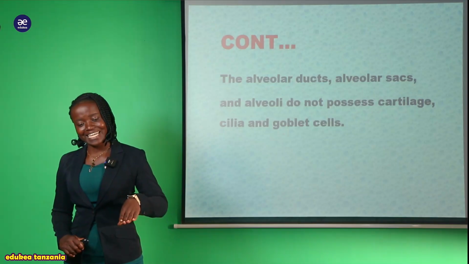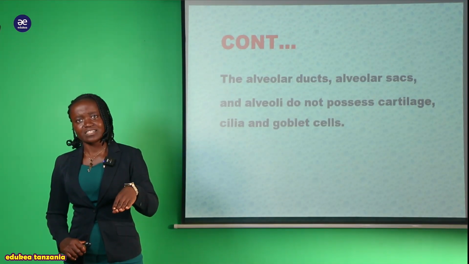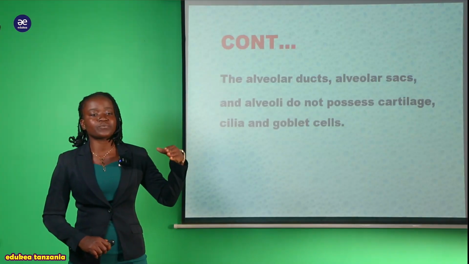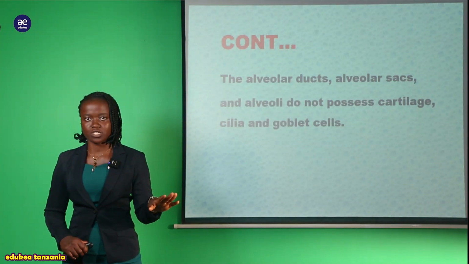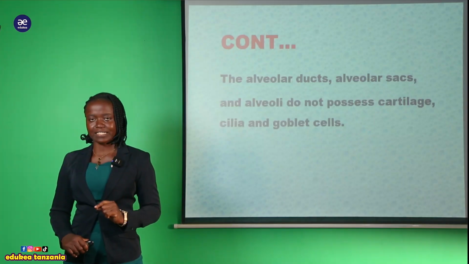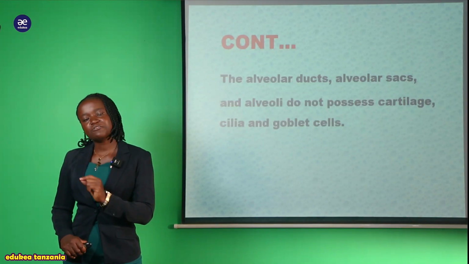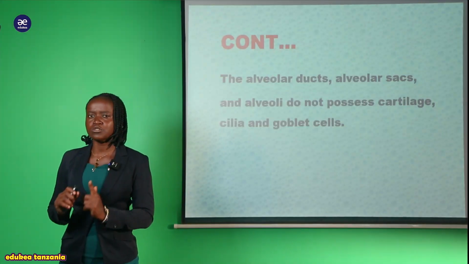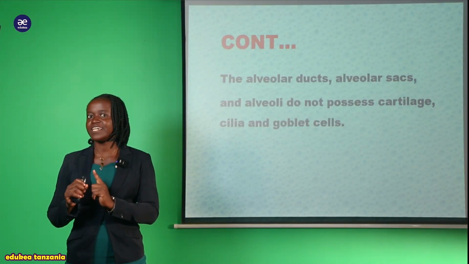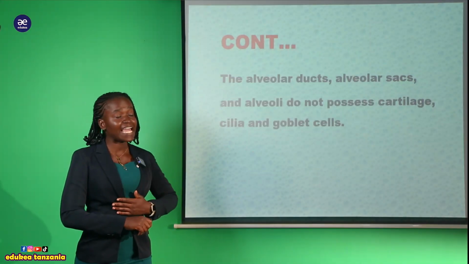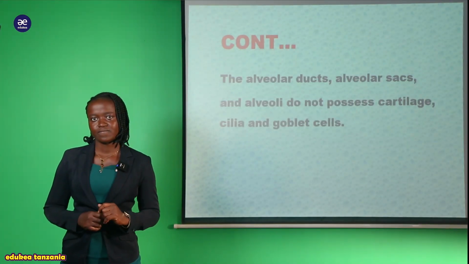So meaning that the cartilage, goblet cells, cilia, and so on, are found within the bronchioles and other parts. But starting from the alveolar duct up to the last part, which is called the alveoli, there is no possession of cartilage, cilia, or goblet cells.